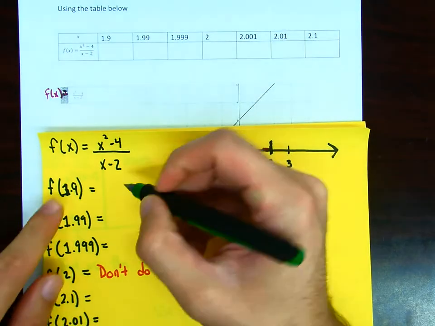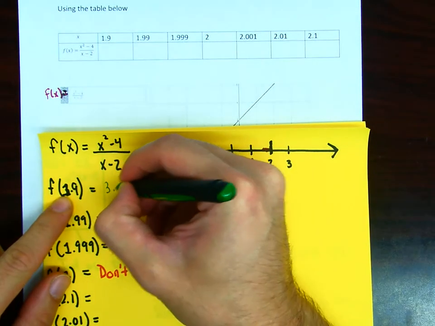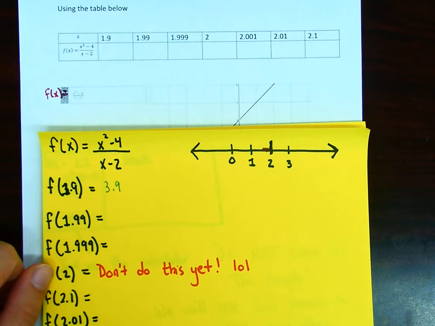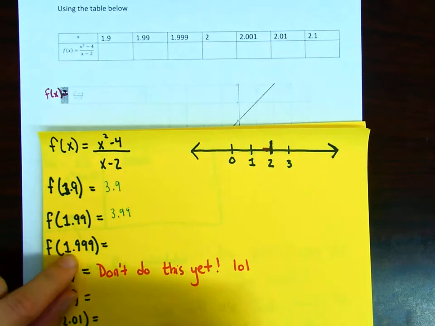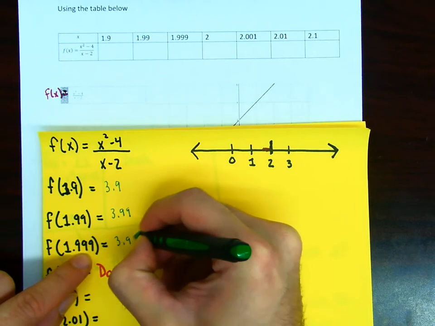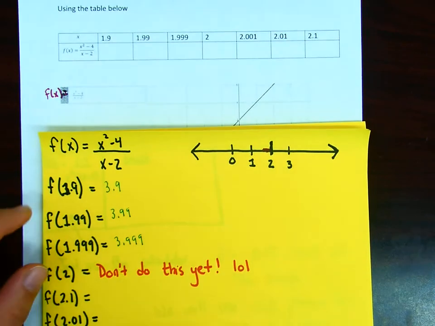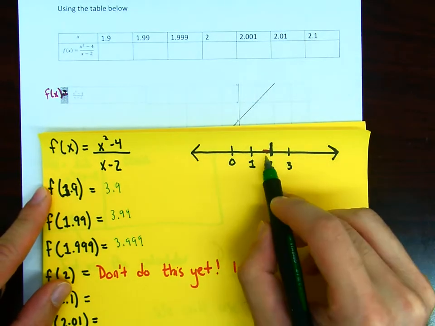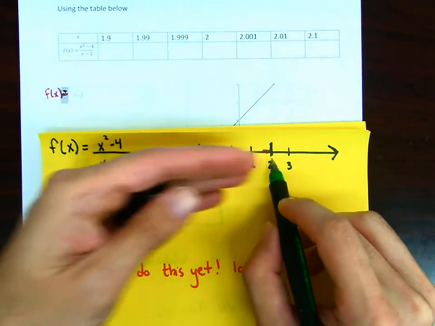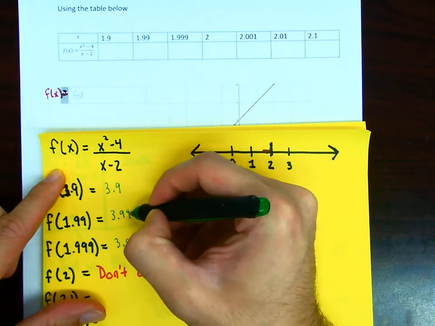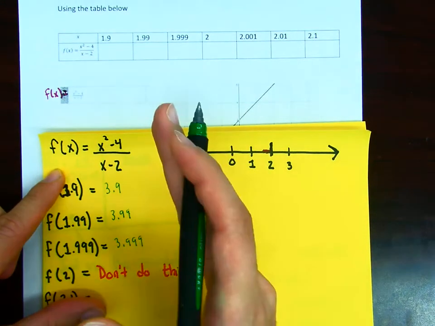When you plug in 1.9, you should get 3.9. If you put in 1.99, you get 3.99. 1.999, you get 3.999, and so on. So it looks like the closer and closer you get to x equals 2 from the left, the closer and closer to 4 the values get.